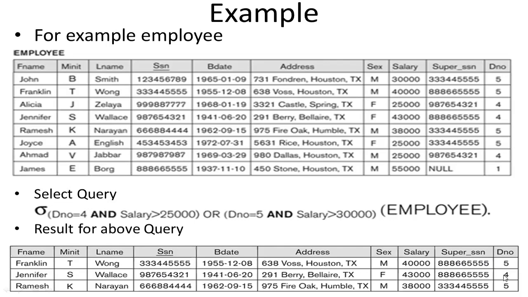From department number 4 only one record has been selected based on the given condition, and for department number 5 two records have been selected. Okay, able to understand now? See, now we use the term tuple for these particular selected records.